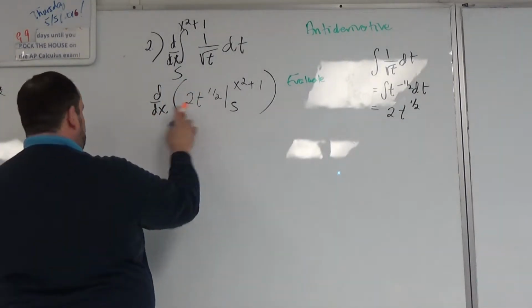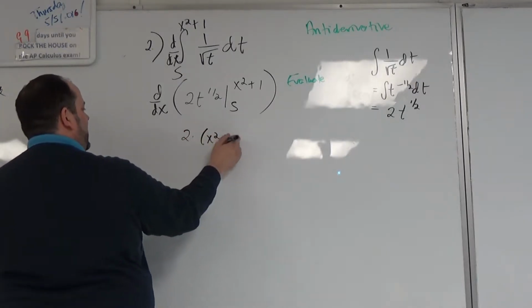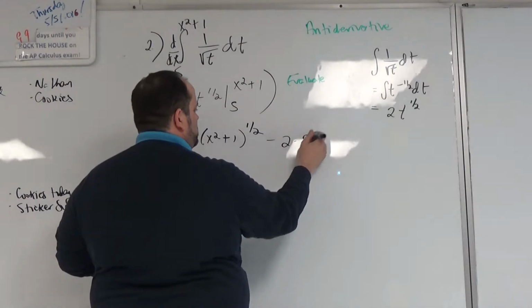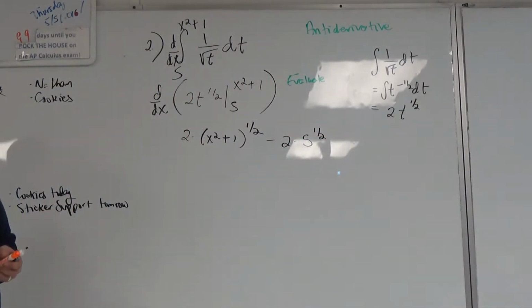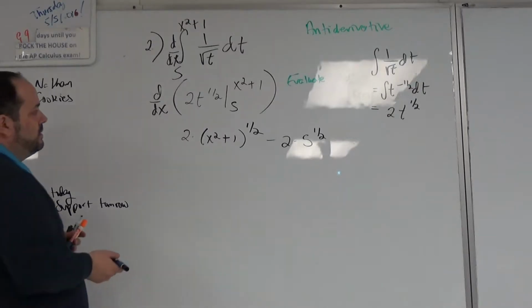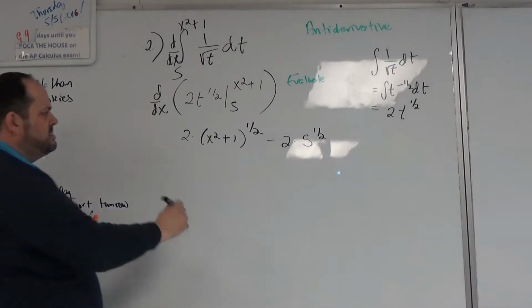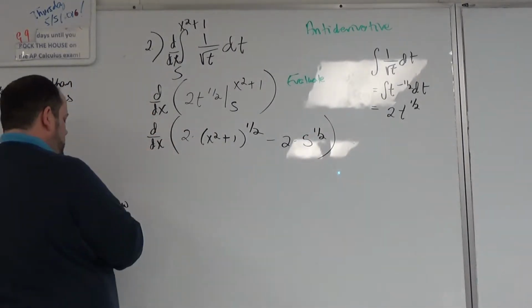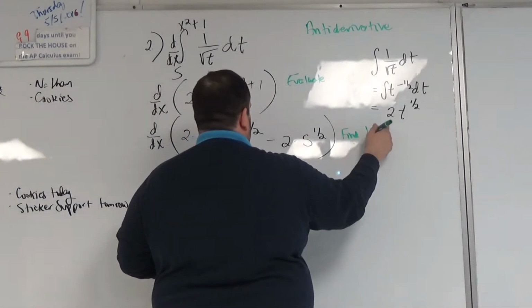So everywhere there's a t, plug in this x squared plus 1: 2 times x squared plus 1 to the half minus 2 times 5 to the half. Not your final answer. No one's going to fall for it. This is not the final answer because I still need to find that derivative. So go find the derivative. Have faith.